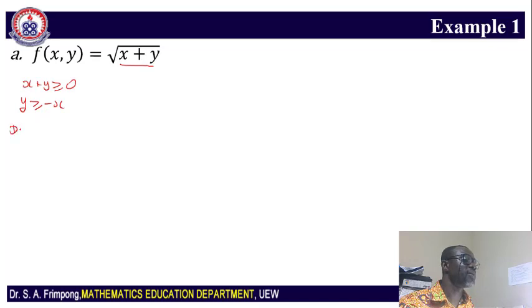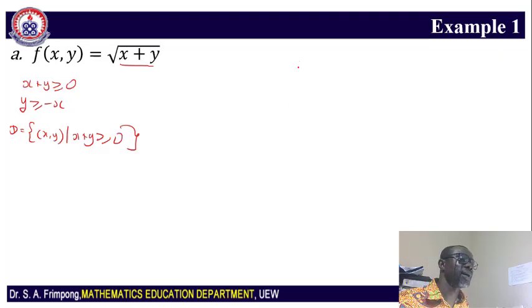So we can say that the domain is {(x, y) such that x plus y is greater than or equal to 0}, or y is greater than or equal to negative x. And this is the domain. So we want to sketch this.